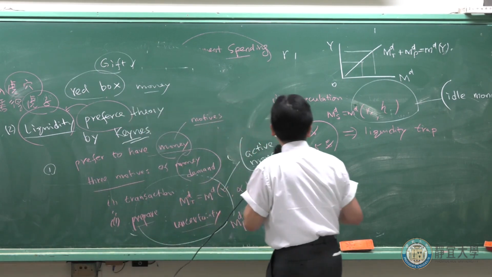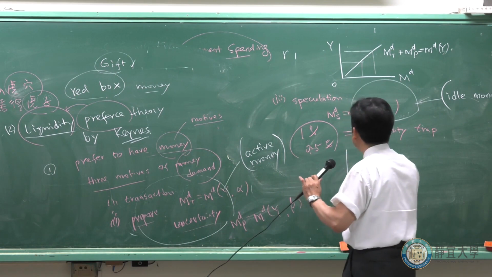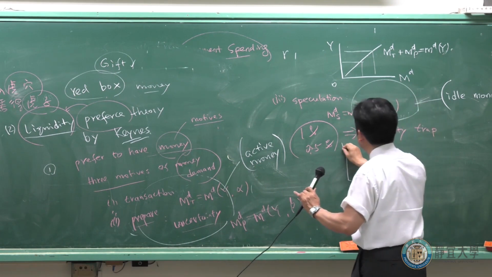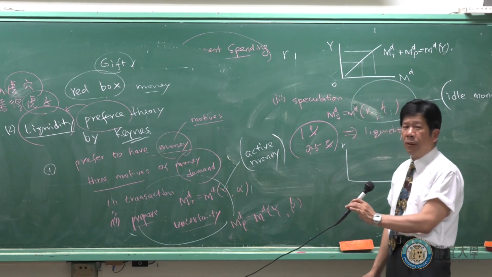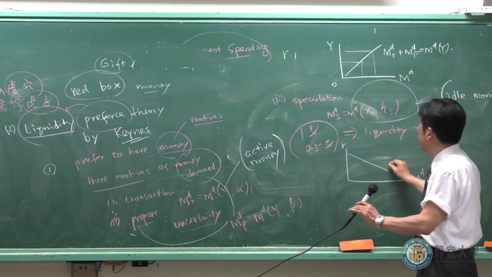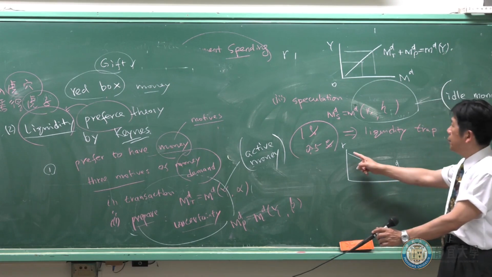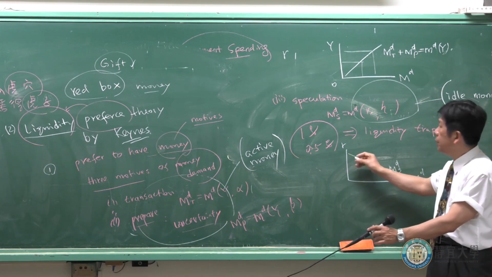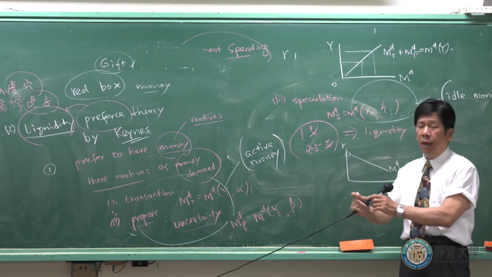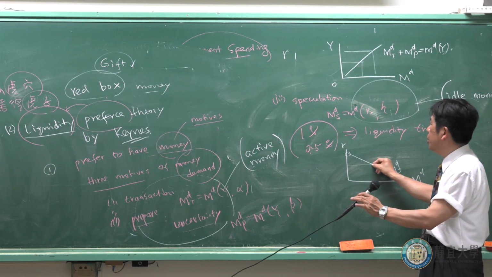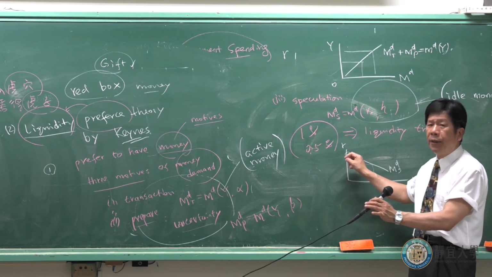And after that, this we call MDS. This is R. This is what we call speculative money. If the interest rate is very high, we just put the money in the bank. If the interest rate is lower, then you want to hold more money.